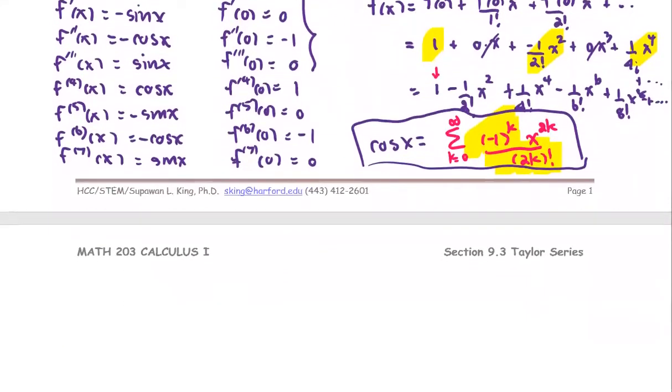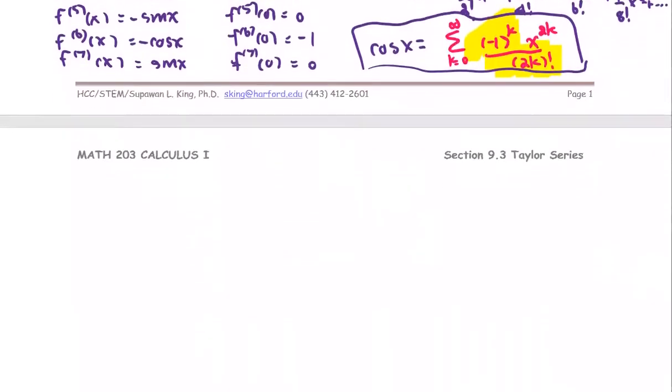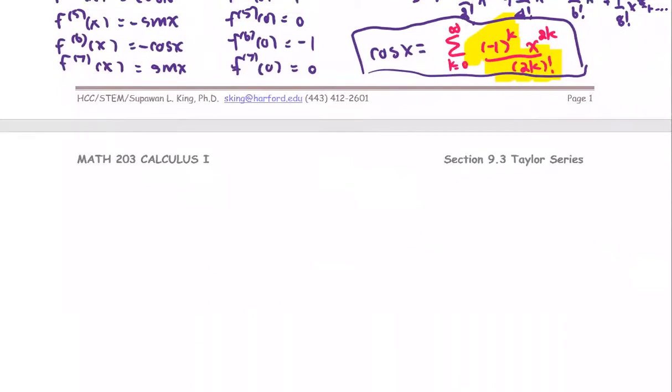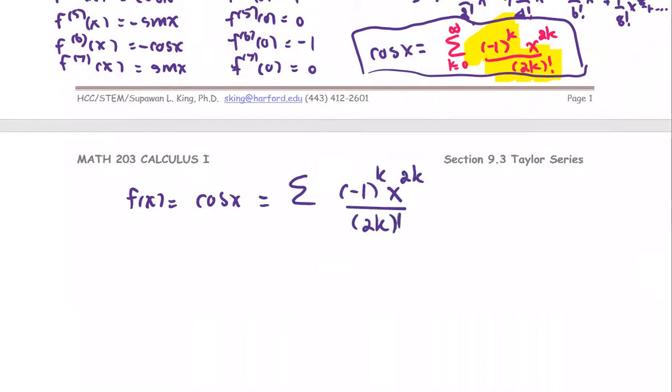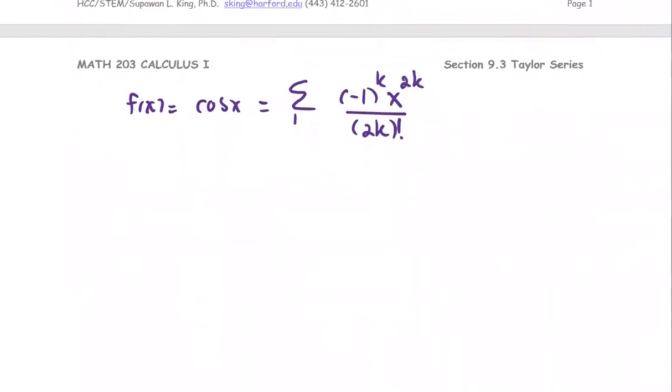Next, we're going to find the interval of convergence. For f of x equals cosine x, in the power series it is negative 1 to the power k, x to the power 2k divided by the quantity 2k factorial, where k is from 0 to infinity.